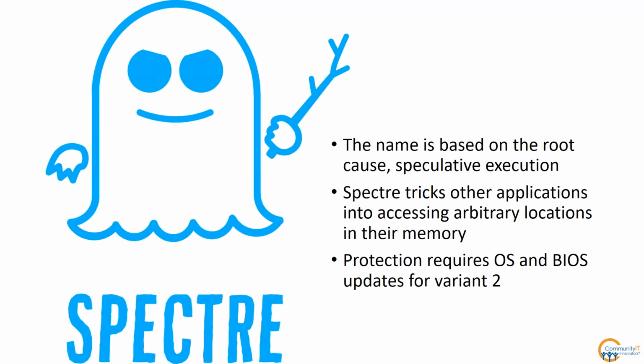In terms of the patches available, we are looking at a situation where we're patching basically everything. What makes these exploits a little unique compared to other security vulnerabilities that we deal with is that these are hardware-based vulnerabilities rather than software-based vulnerabilities.